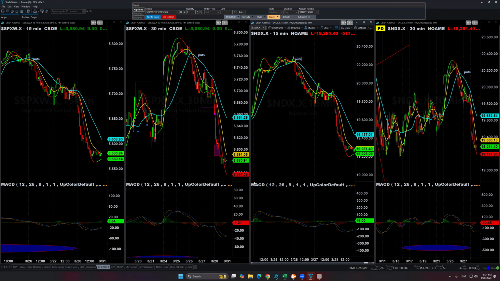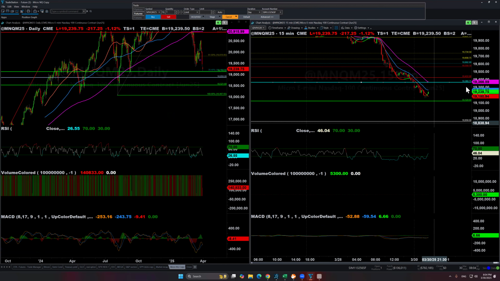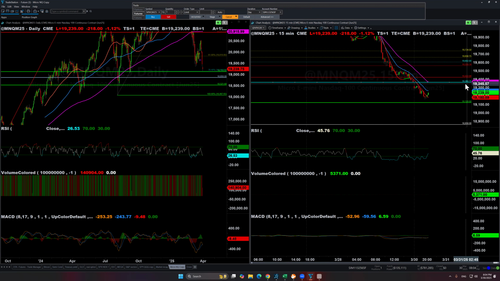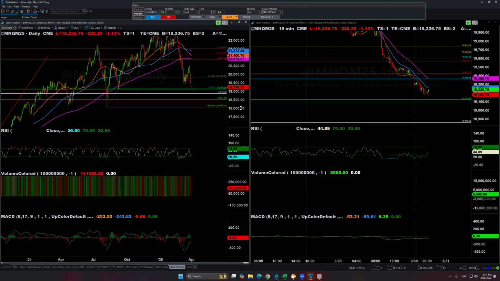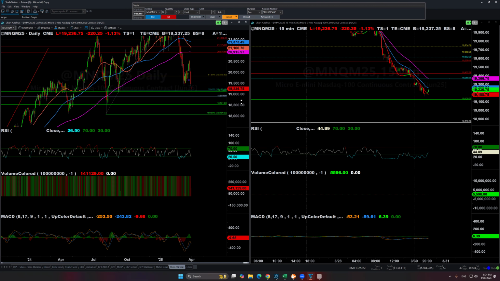So, okay, so Qs, we closed Friday here, 19,360. We dropped another 200 points, and this is daily. This daily we hit 76.4. This is not a pullback anymore. This is a full correction for NQ.